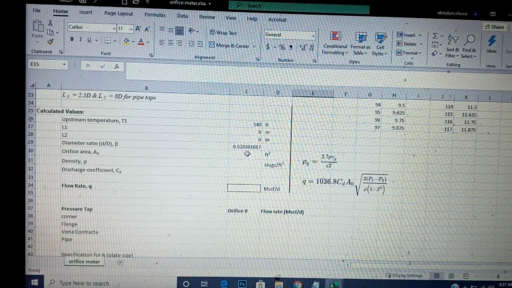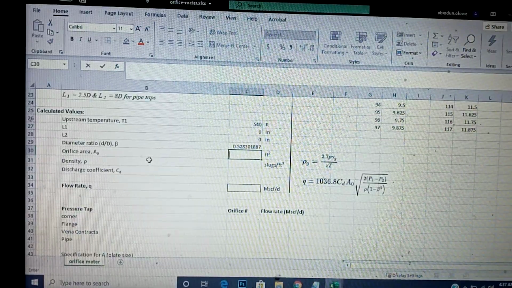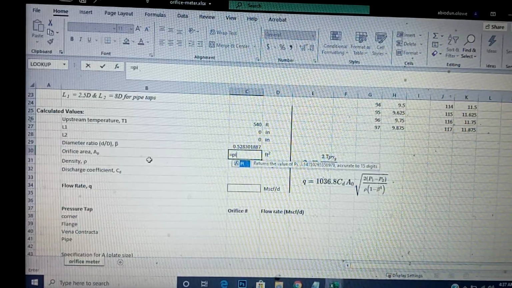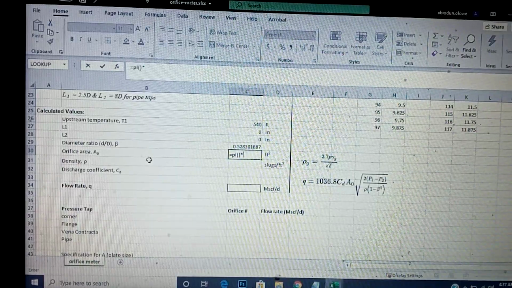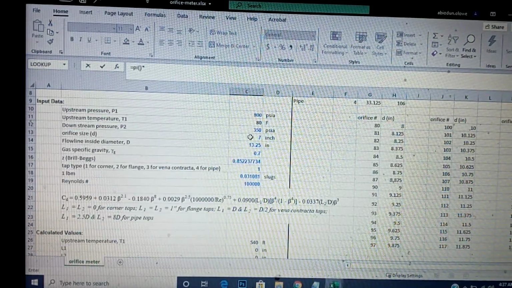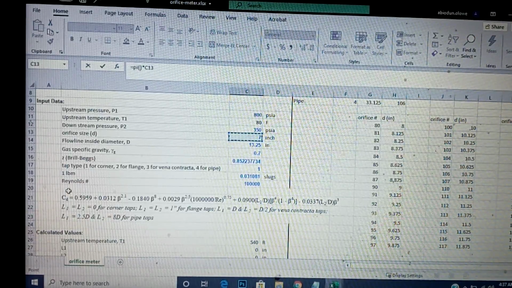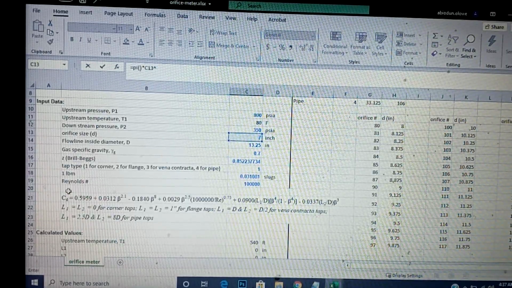Now the orifice area, so equals pi, open bracket, close bracket, that's pi, star, multiplied by d squared. That's the small d. I click on that. I do square, Shift 6, that's cap 6, 2.